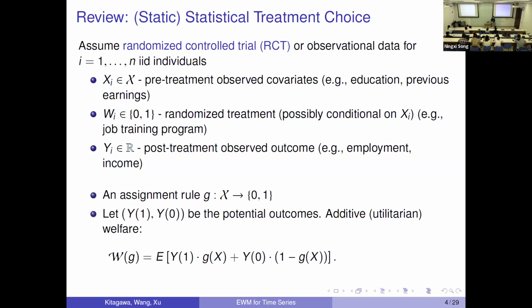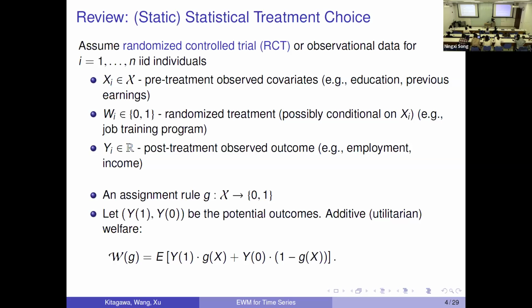And the assignment rule is a function we call G, based on the observable covariate X, mapping to 1 or 0, treat or not. And Y1 and Y0 are the potential outcomes. And this additive utilitarian welfare can be represented by this equation.